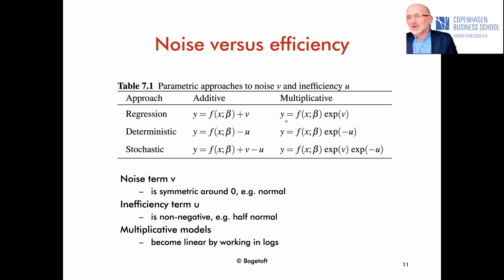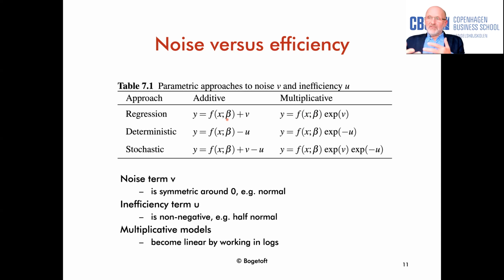For example, heteroscedasticity can be reduced by taking the log of these relationships. It can sometimes be confusing when you look at it. You have to be clear whether you're working in the additive model or the multiplicative model. But on the other hand, it's very similar, because if you take the logarithm of all the items in the multiplicative, you end up in the additive one.